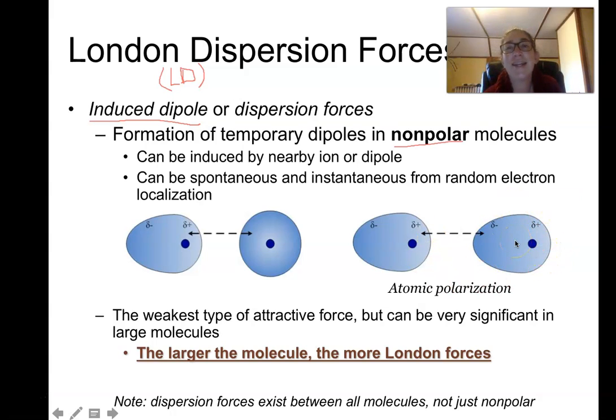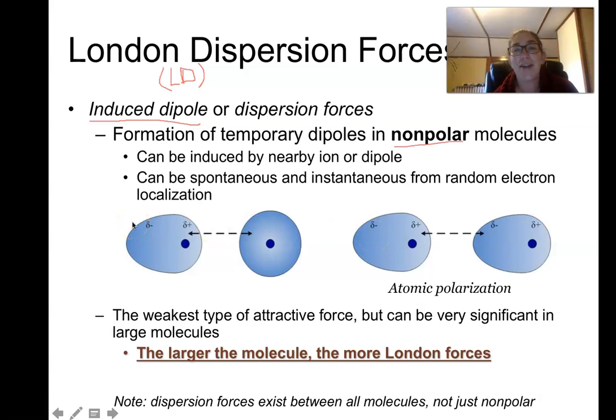So even in totally nonpolar situations, you can have these little instantaneous temporary dipoles that form just because electrons are flying around. And when they fly around, they can make these little dipoles that then induce a dipole in the next cell. So we call this atomic polarization, when the atoms become temporarily polarized.